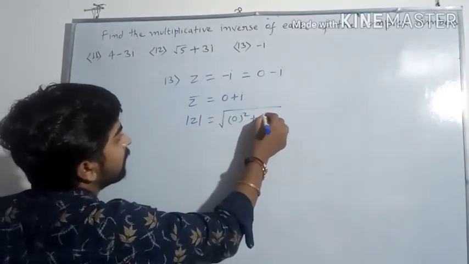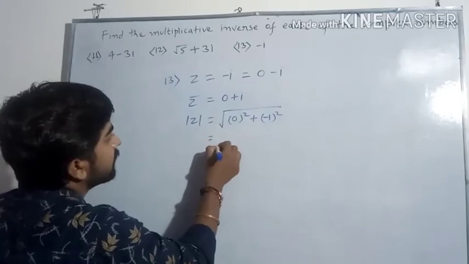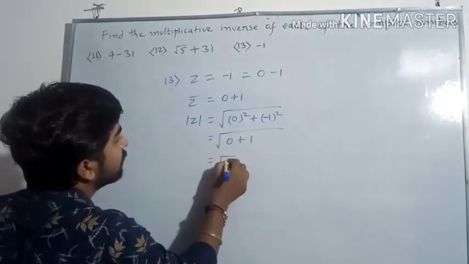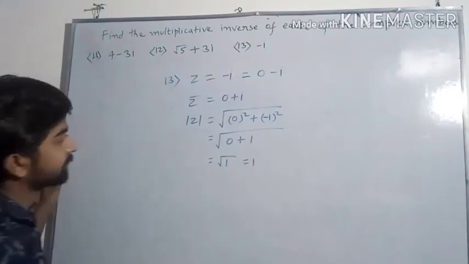So the conjugate of z equals 0 plus i, and the modulus of z equals under root of the square of the real part, which is 0, plus the square of the imaginary part, minus 1. This gives under root of 0 plus 1, which is under root 1, equals 1.